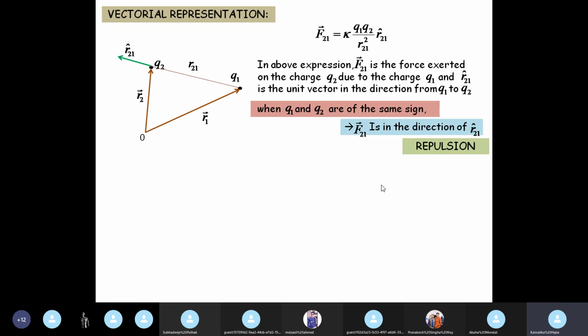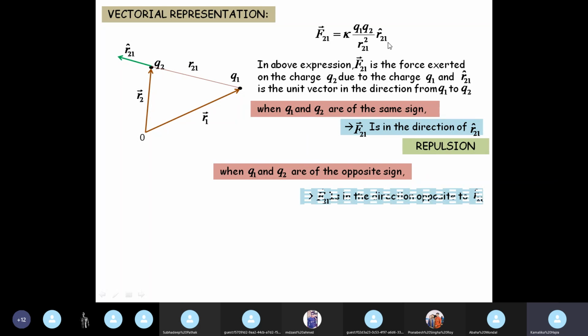So this means there is repulsion. On the other hand, when q1 and q2 are of opposite sign, q1 positive, q2 negative, or q2 positive, q1 negative, F21 and r21 will be in opposite directions.